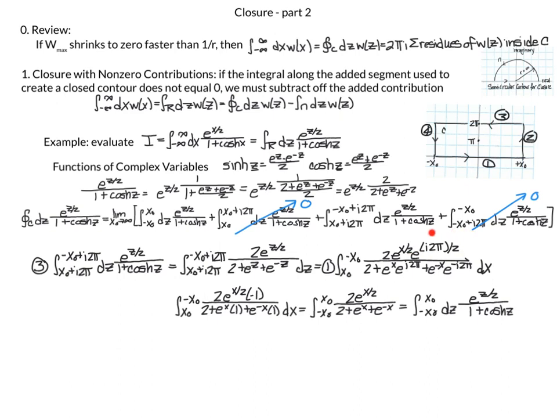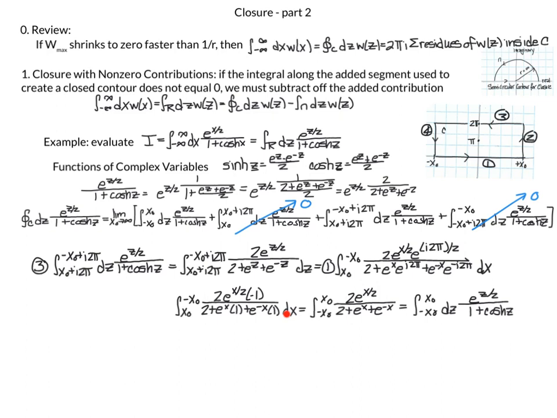So this e to the i 2 pi over 2 is equal to -1. Similarly, this e to the i 2 pi, if we go around 2 pi radians, we come back to +1. So this leaves us with e to the x. Here, if we go in the negative direction, 2 pi, we still come back to +1.